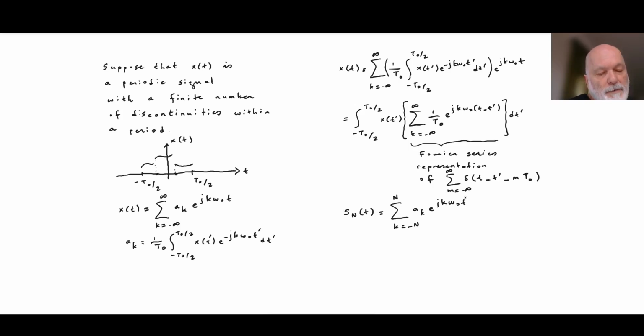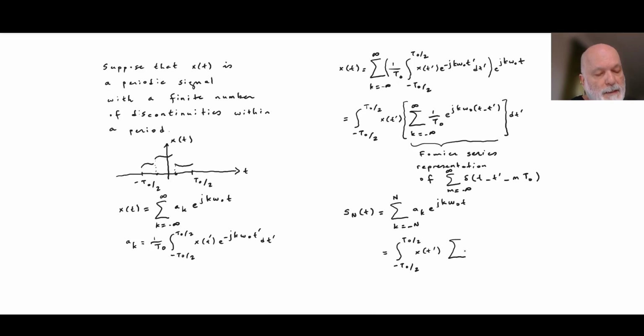And if we write this down exactly in the form given above, we have the Dirichlet kernel in the integral expression from minus t0 over 2 to t0 over 2 x of t prime.